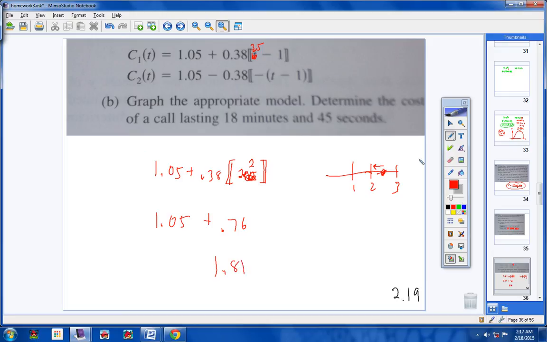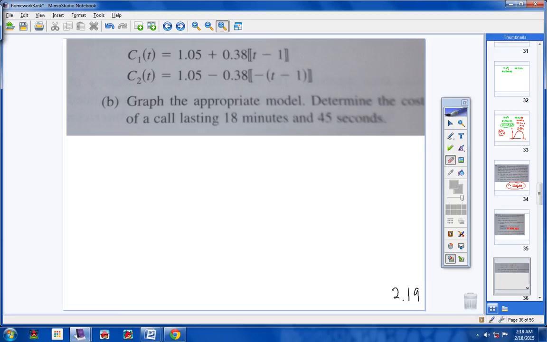Okay, let's try the bottom model just to make sure that it works. So here we go. I'm going to put 3.5 in right here. So 3.5 minus 1 is 2.5. There's a negative sign right here, so negative 2.5. So I have 1.05 minus 0.38, and then greatest integer.